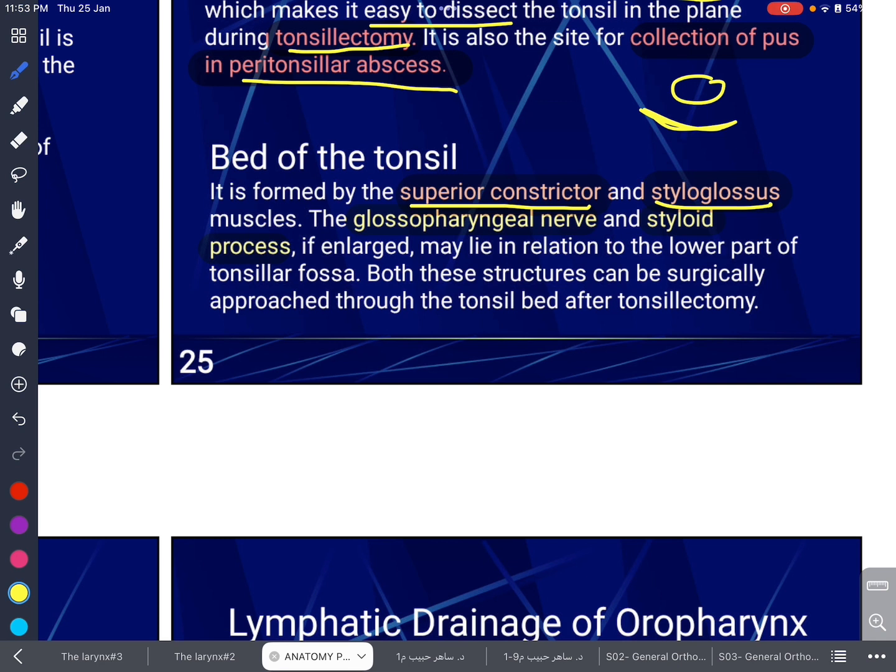Here there is a relation to two structures: the ninth cranial nerve, called the glossopharyngeal nerve, and a bone process called the styloid process. There is a condition in which this process is enlarged, called Eagle syndrome, and this structure can be approached through tonsillectomy.